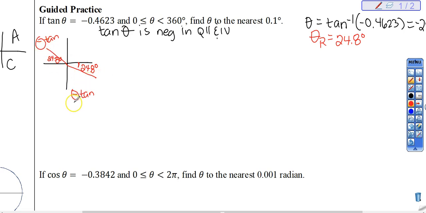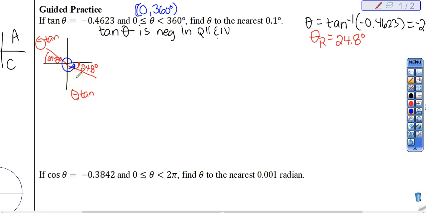I didn't do a very good job drawing that. But there are the two reference angles where tangent of theta is negative. Okay? And we are definitely in the interval of a positive rotation from 0 to 360 degrees. So we're talking about positive rotation.